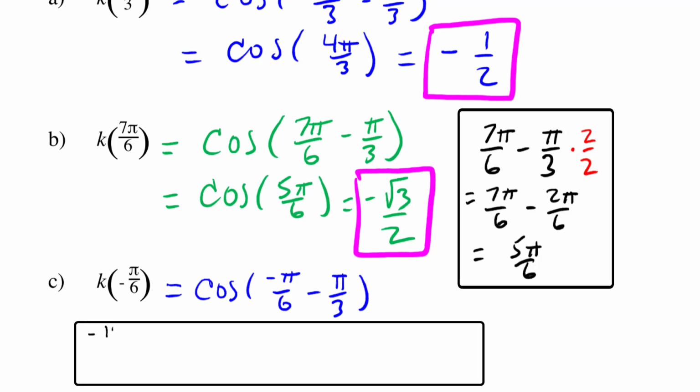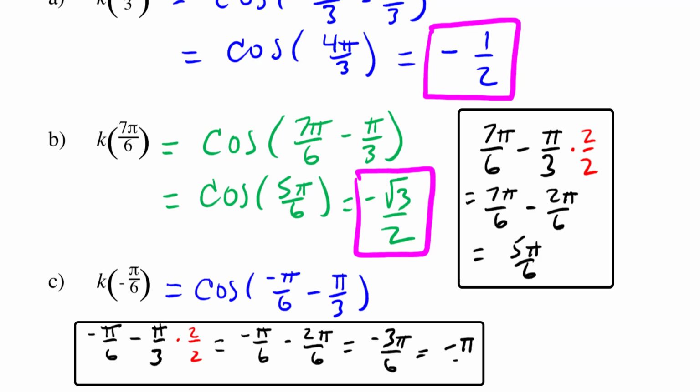Again, we're going to have to get common denominators, so negative pi over 6 minus pi over 3, we'll multiply that by 2 over 2, and that gets us negative pi over 6 minus 2 pi over 6, which is negative 3 pi over 6. Oh, that nicely simplifies to negative pi over 2. And the cosine of negative pi over 2 is, that's at the bottom of the y-axis, that's 0.